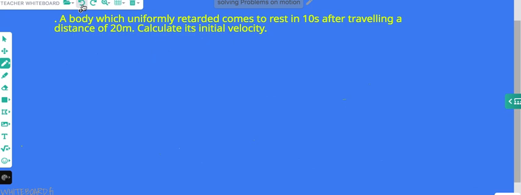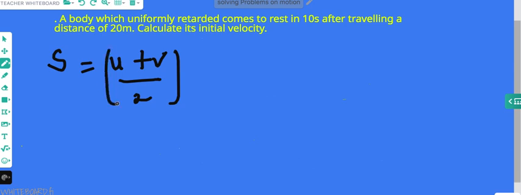So which formula is suitable in solving this? If we test all the formulas, the most suitable one is s equals (u plus v) all over 2, then outside t.